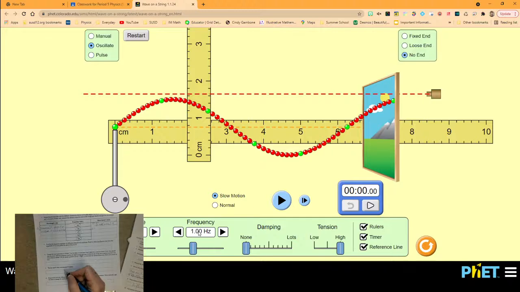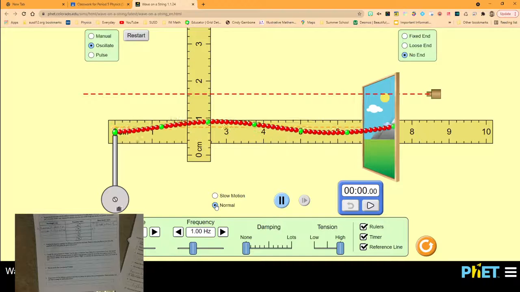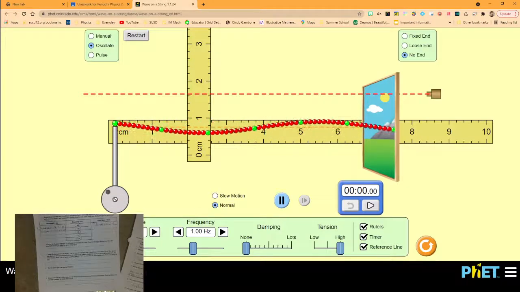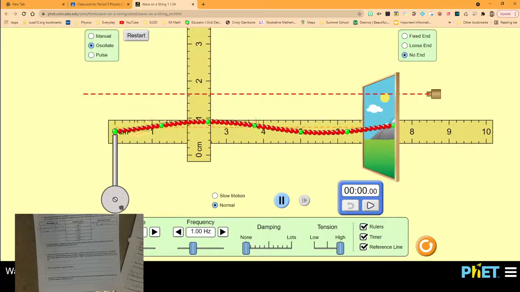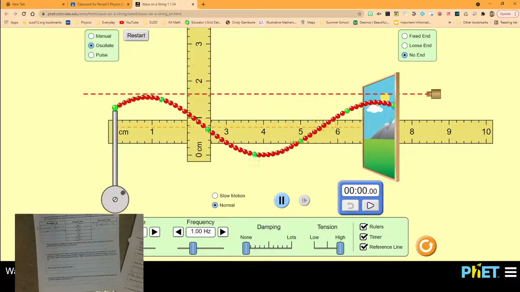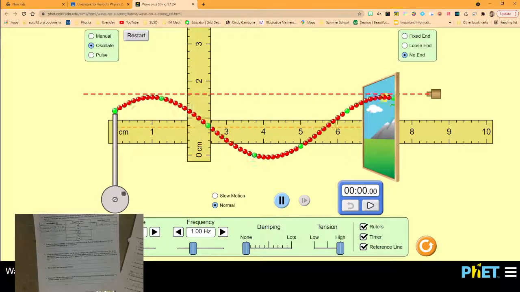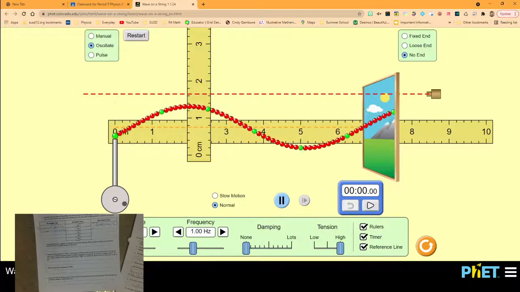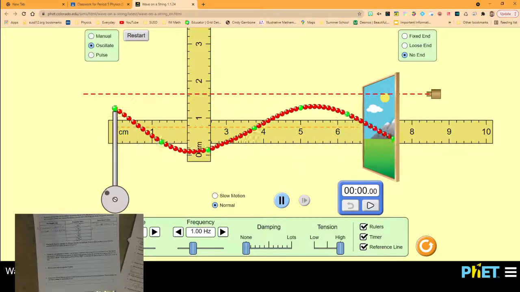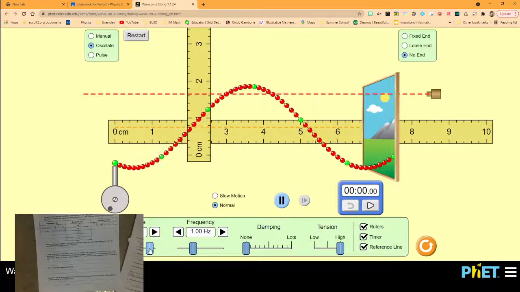Okay, let's keep it at 1 hertz. And I'm going to decrease the amplitude. I'll play it in normal speed. Okay, there's a very low amplitude. Now I'm going to increase the amplitude, and I want you to observe how the speed of the wave changes. Even though the amplitude changes, the speed of the wave does not change.